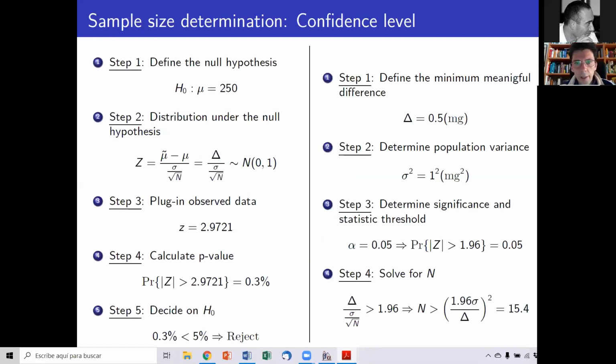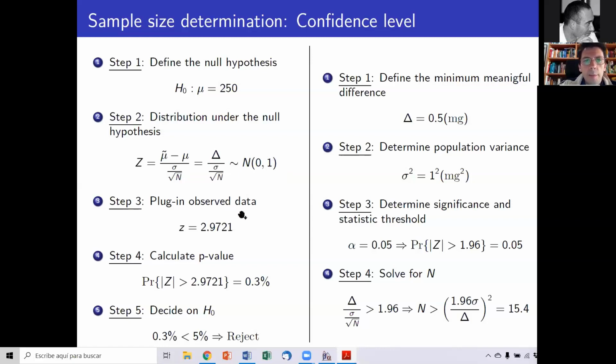And then let's see the connection of this process to sample size. So let's summarize it again. You define your null hypothesis. The null hypothesis is that the machine is working correctly, so it has 250 as the mean, and the data is Gaussianly distributed. Then if this is true, I know that set, that is this small calculation, is distributed as a normal 0, 1.